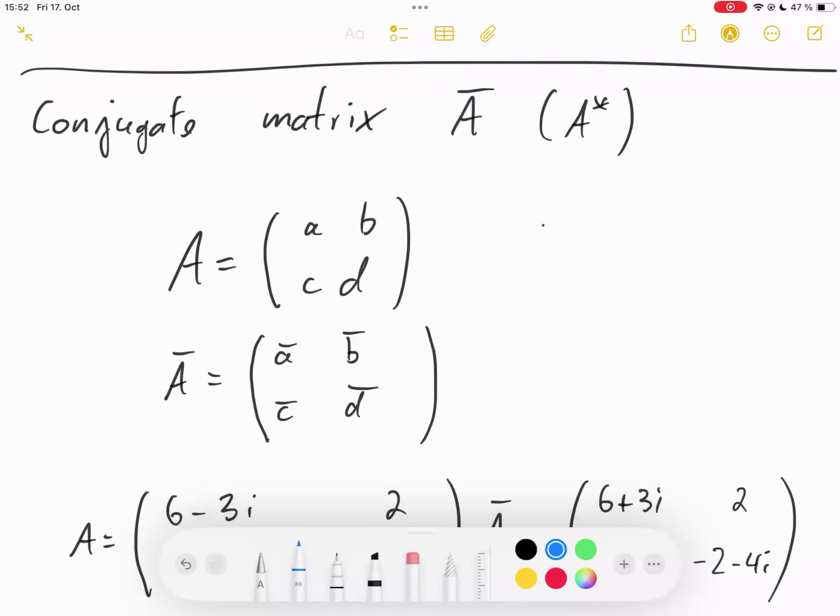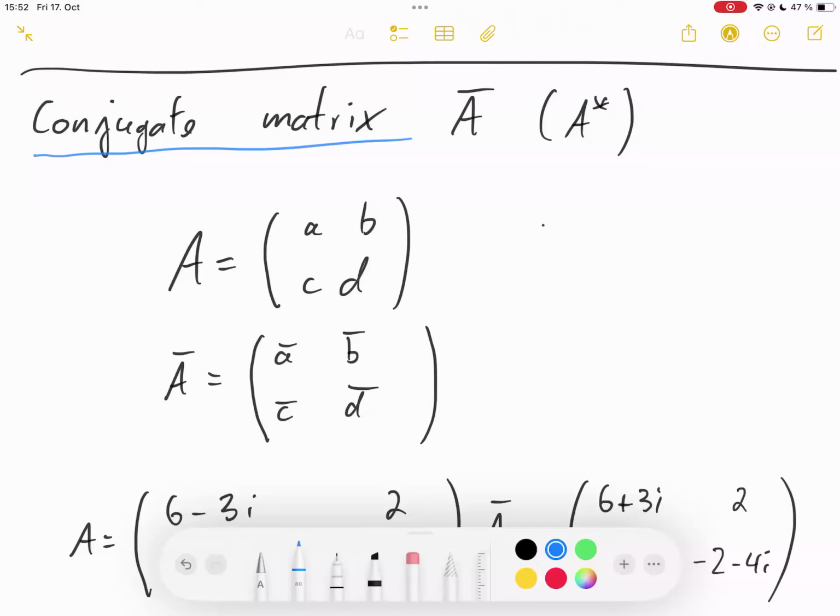This is a new concept, the conjugate matrix. And we will extend this now with a few more steps, and then later today, we will see a very important concept in complex linear algebra, which we will need all the time in quantum computing.